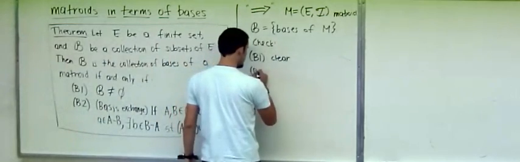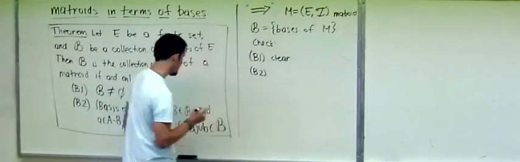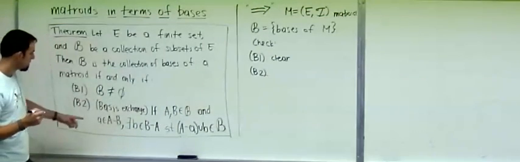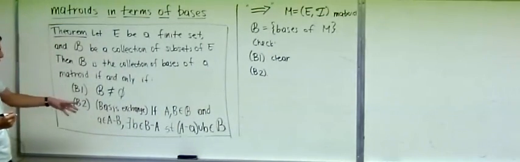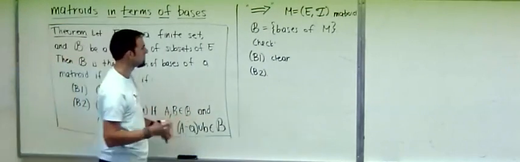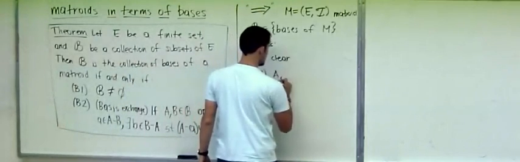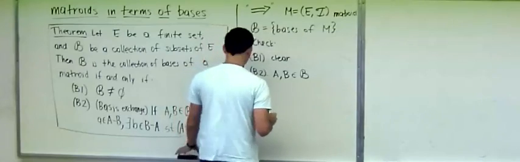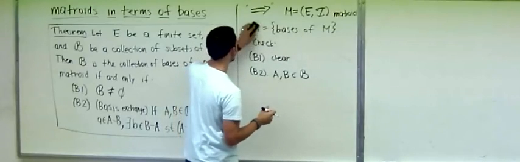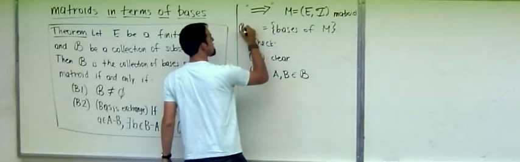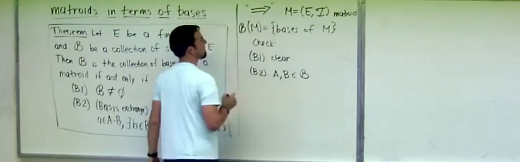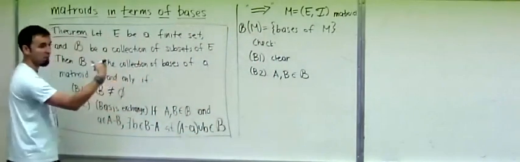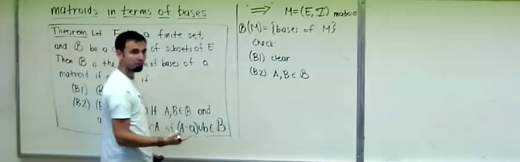But the first thing is to check that the bases of any matroid satisfy these two axioms. The first axiom is clear, and the second axiom is not very hard, because you're saying, okay, assume that you have two bases of your matroid M. In fact, let me call this B of M, so that it's clear that this B comes from a matroid.